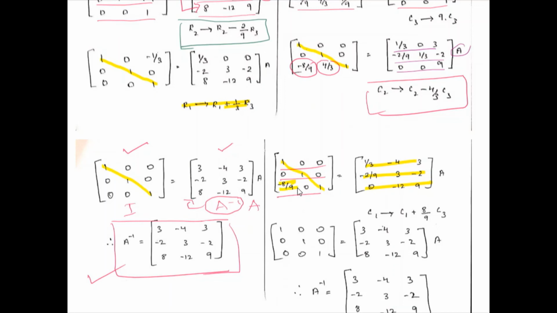So therefore the matrix will be 1 0 0, 0 1 0, 0 0 1 into 3 minus 4 3, minus 2 3 minus 2, 8 minus 12 9 into A. So therefore the A inverse will be 3 minus 4 3, minus 2 3 minus 2, 8 minus 12 9.